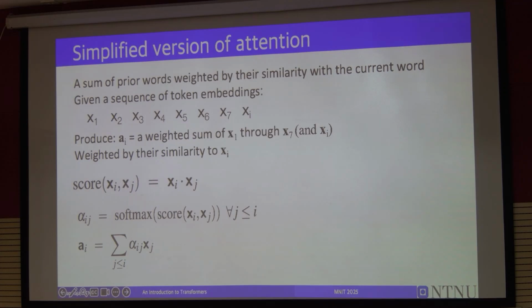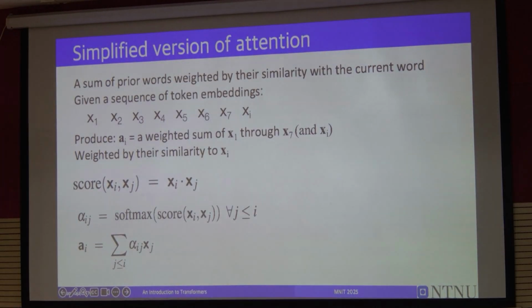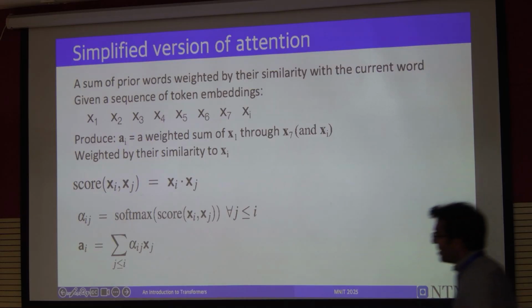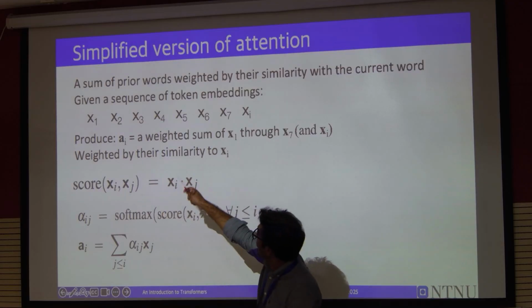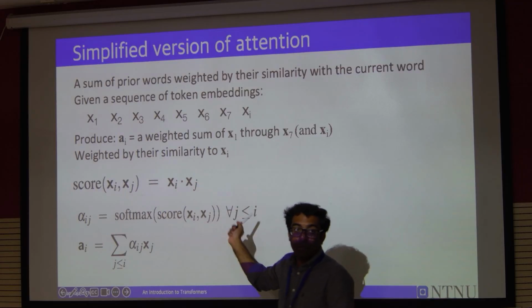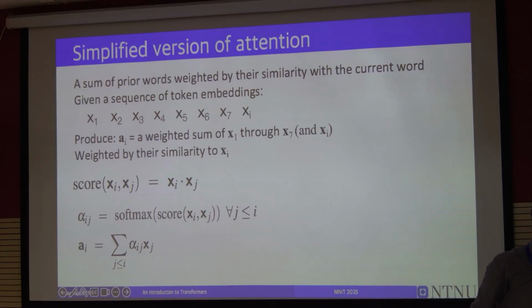Now here I took a simple illustration that the score was like this. But in theory, what you're going to do is a dot product, right? So how many times are they occurring together? The combination of i and j. 1 and i, 2 and i, 3 and i, and so on. For every combination we are establishing a matrix, which is something similar to this.